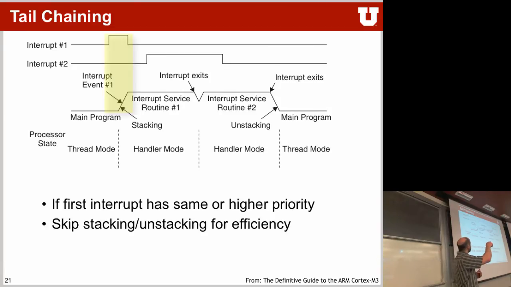The first interrupt comes, it starts to get serviced, and the registers will be put onto the stack. We have the interrupt service routine, and because a second interrupt happened in between, we will exit the first one and immediately service the next one without unstacking everything again. Only at the end, when we are done with the interrupts, we unstack and the main program executes. This way you have a more efficient execution of interrupt handlers.